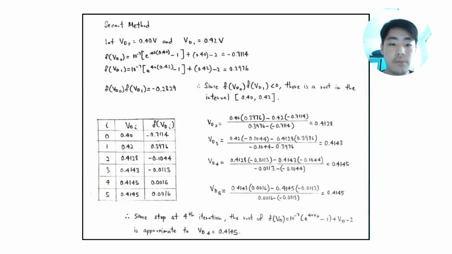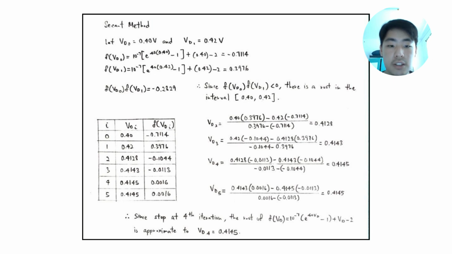For the manual calculation part, the first method we choose is the secant method. For this method, we need two initial guesses: VD0 we choose is 0.4 and VD1 we choose is 0.42.